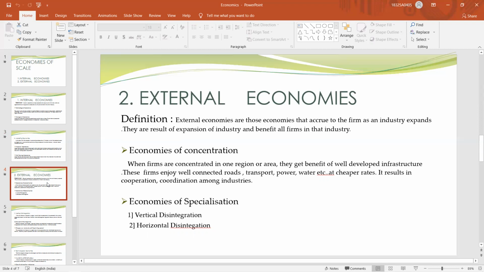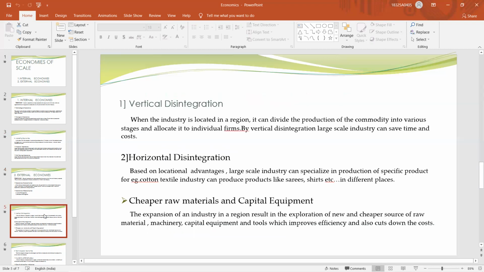Next, economies of specialization. It is divided into vertical disintegration and horizontal disintegration. Vertical disintegration: when the industry is located in a region, it can divide the production process of the commodity into various stages and allocate it to individual firms.